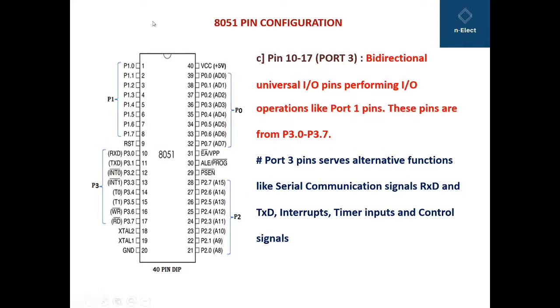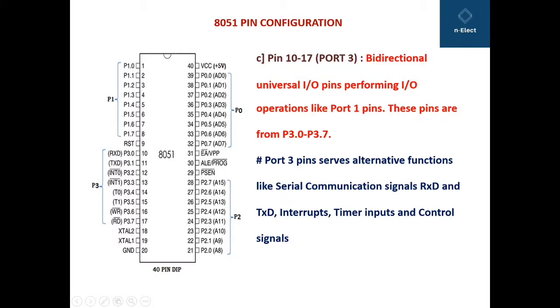Port 3 pins serve alternative functions like serial communication signals, like receiving data and transmitting data, then interrupt pins, then timer input pins, and control signals. So these are the alternative functions performed by the port 3 pins.